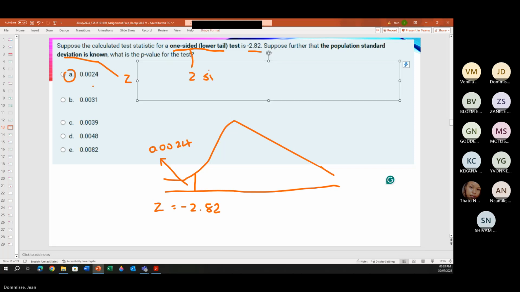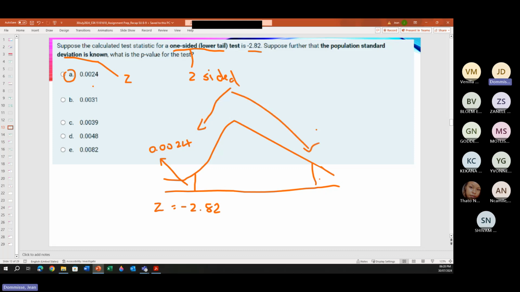If it was two-sided, then we would have needed to add another area in here of 0.0024.